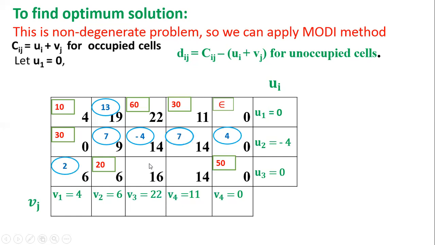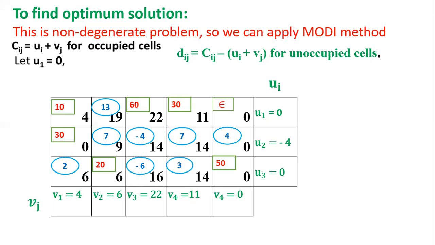Again next, 22 minus 16 minus (6 0 plus 22), close the bracket, gives minus 6. And next, 14 minus (0 plus 11), close the bracket, gives 3.